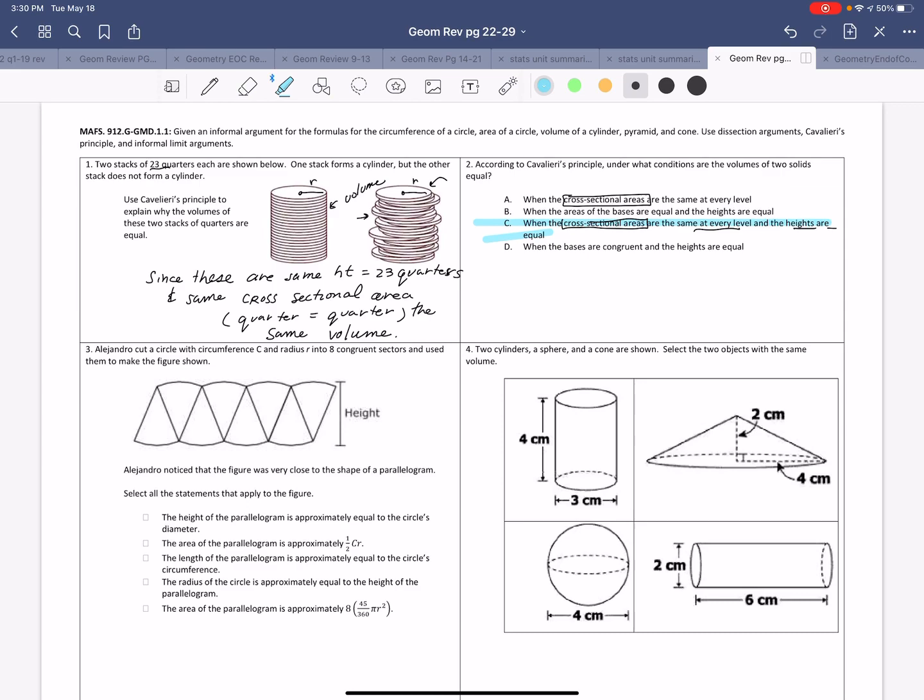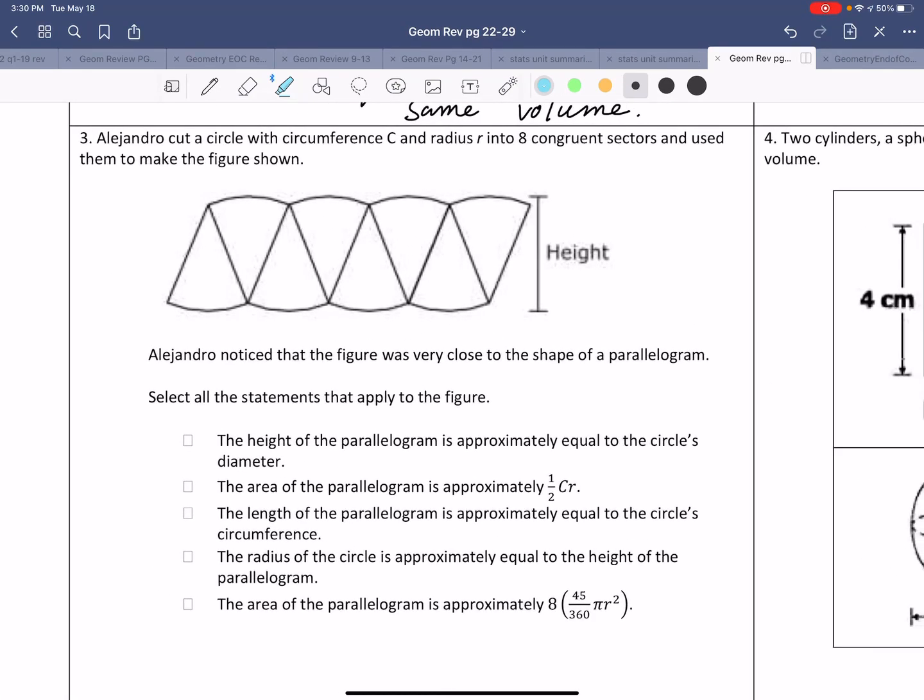All right, number 3. Alejandro cut a circle with a circumference of C and a radius of R. So he ended up cutting this circle into 8 congruent sectors. I'm about to have pizza, so this kind of makes me think of pizza, right? Do you see what they're talking about here?